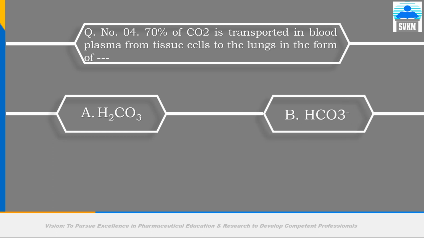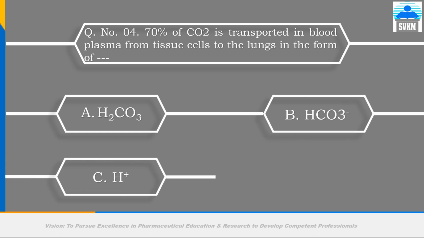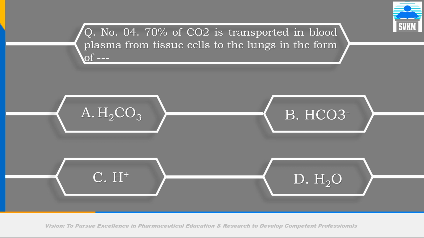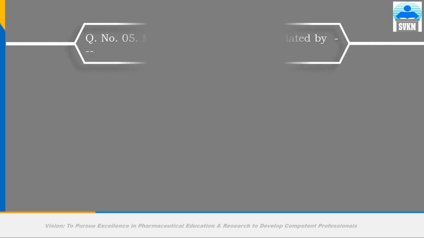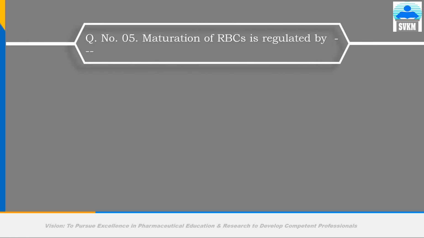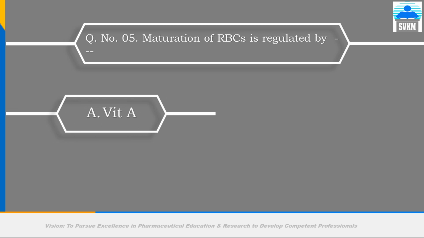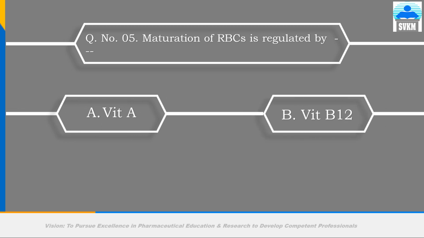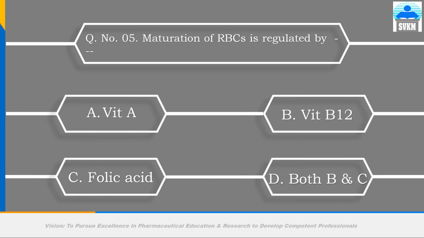A H2CO3, B HCO3 minus, C H plus and D H2O. The correct answer is HCO3 minus, that is bicarbonate ion. Maturation of RBC is regulated by A vitamin A, B vitamin B12, C folic acid and D both B and C. The correct answer is both B and C, that is vitamin B12 and folic acid.